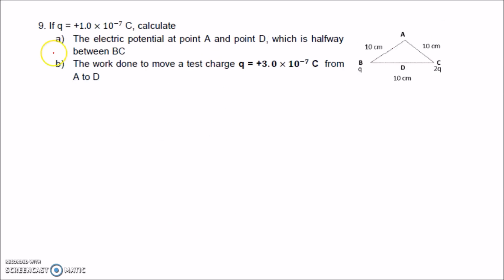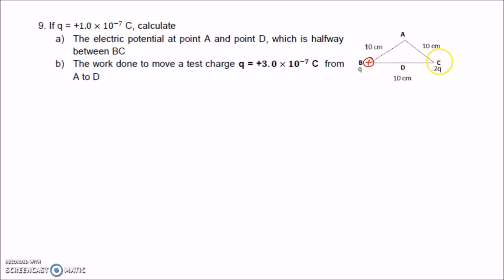Question number 9. If Q equals 1 times 10 to the power of negative 7 coulomb, calculate the electric potential at point A and point D, which is halfway between B and C. Right here in this diagram, we have point A, point B, and point C. At point B, there is a charge, which is Q, so it's positive.